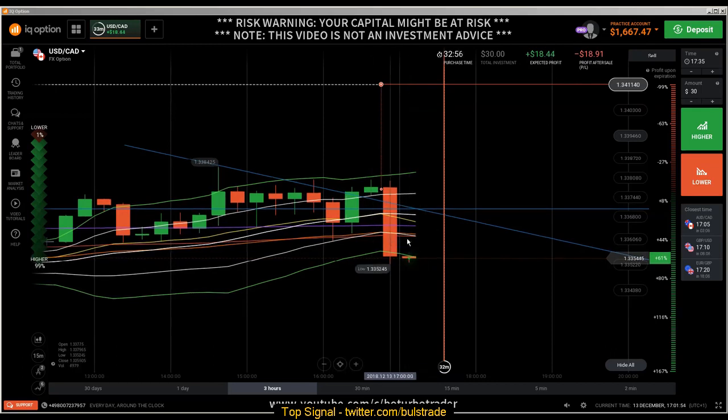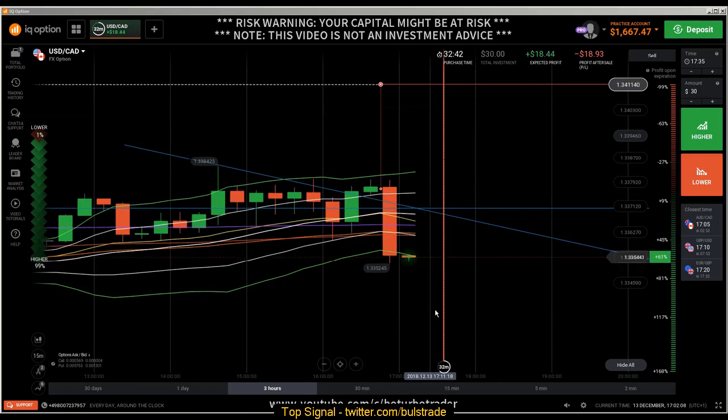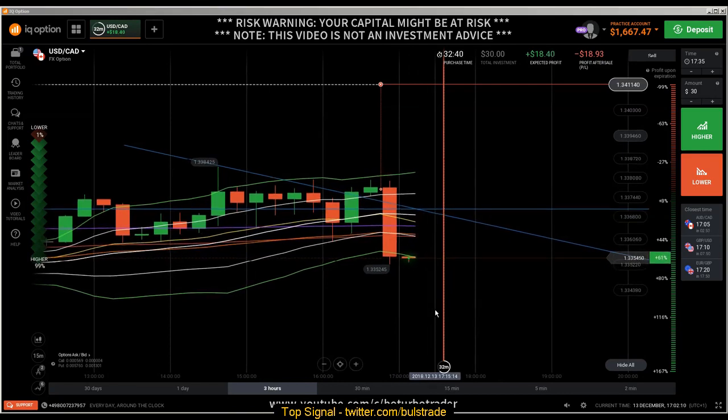Yes, that means we are here below all EMAs, so I'm expecting that this candle will touch this level here, the 100 EMA. That is what I'm expecting. Yes, and then after this, most probably price will continue going down and then doing a downtrend. Yes, that is what I'm expecting.